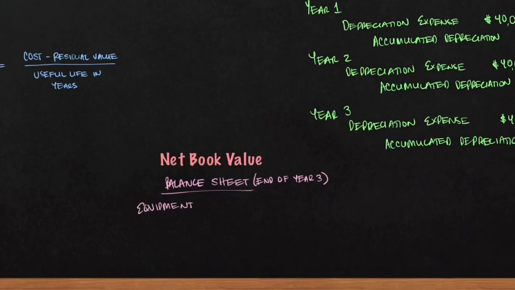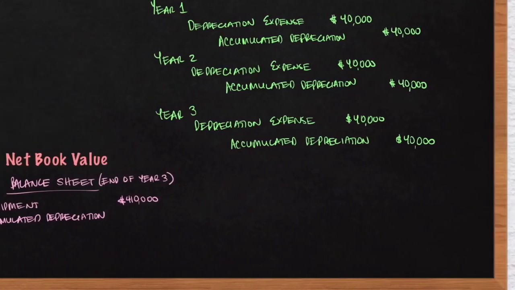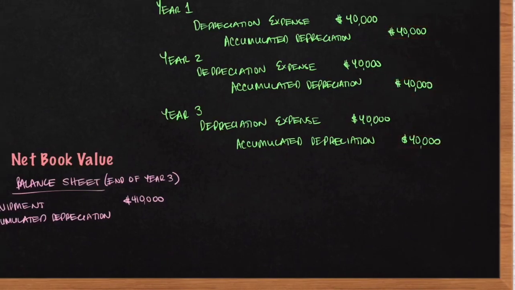So let's put our equipment down. Our equipment originally cost $410,000. And then our accumulated depreciation, which again is a contra asset, an asset that brings down the equipment asset account, is going to be all your accumulated depreciation entries added up together from the previous years, or for all 3 years.